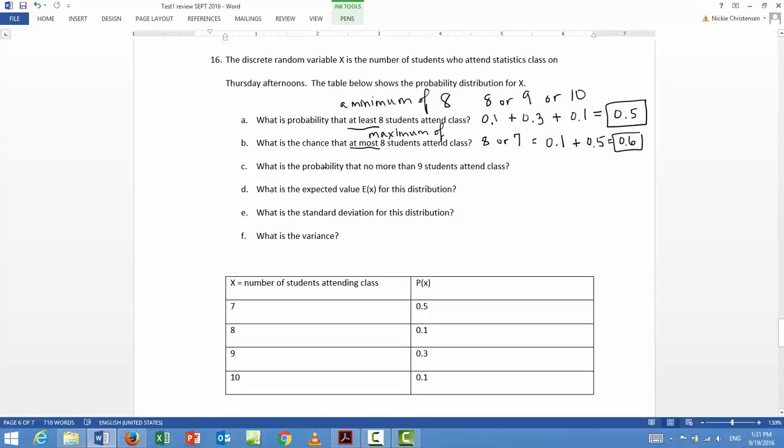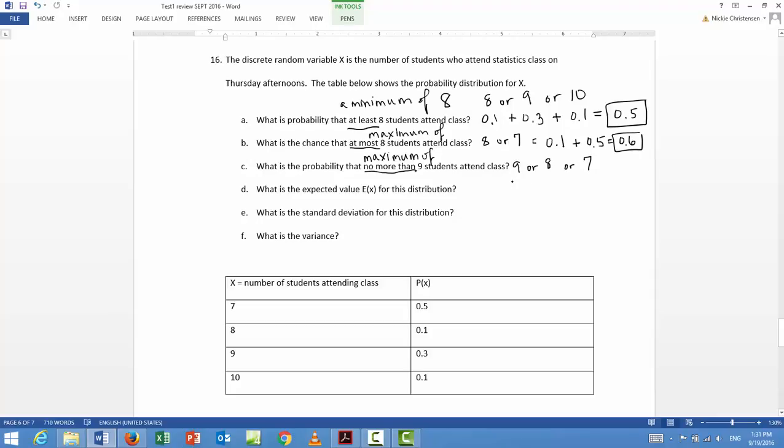Now the next question, what's the probability that no more than 9 students attend class? No more than a number means a maximum of that number. So no more than 9 means 9 or 8 or 7.